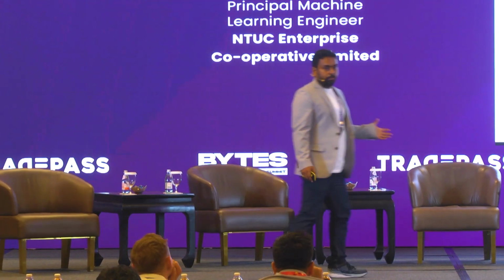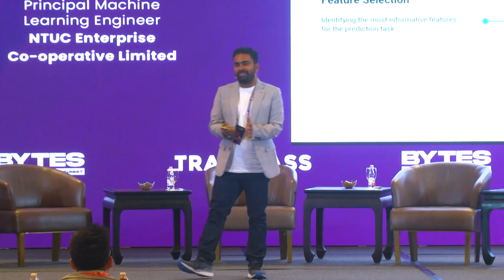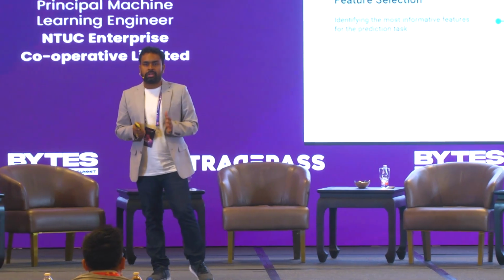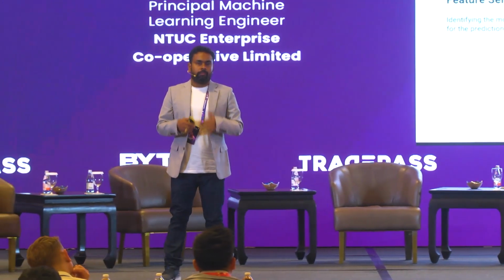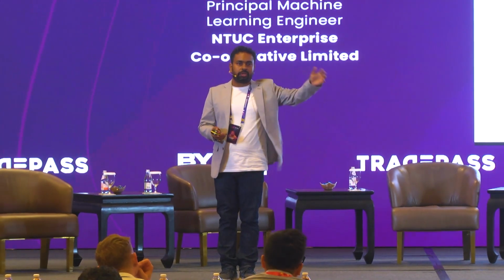The second most important is feature engineering. Sometimes you might be thinking, why is feature engineering so special, and what is a feature? So feature engineering is a very crucial part of MLOps. What are the features? If we talk about a recommendation model, we talk about user features.